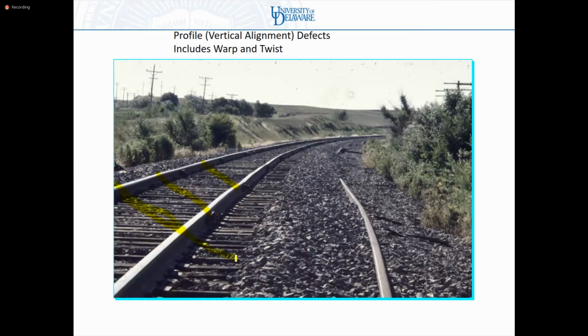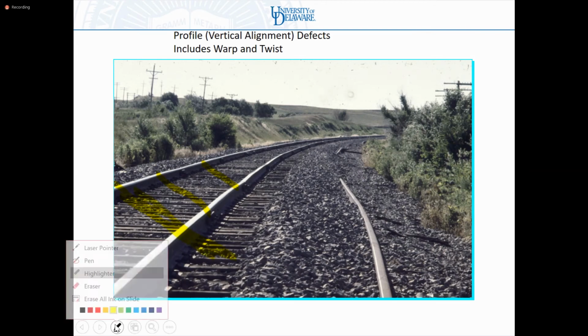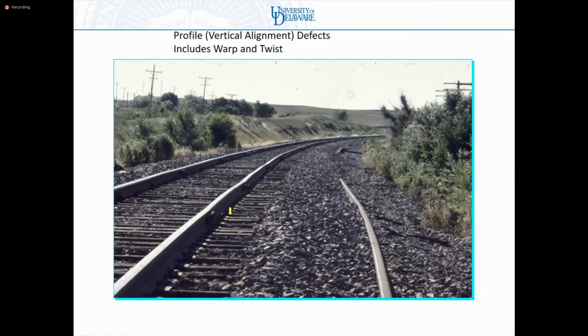I take this point here at 10 meters. Let me erase all these yellow lines. Okay, so I take this point here, and I take this point here, and that's 20 meters. But I would look at every cross level, I would look at this minus every meter within this 20 meters.